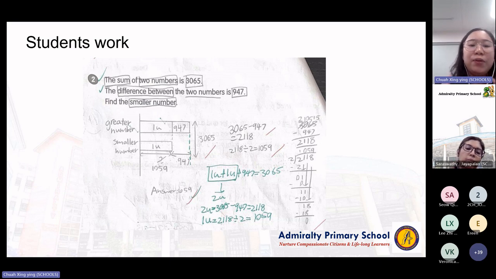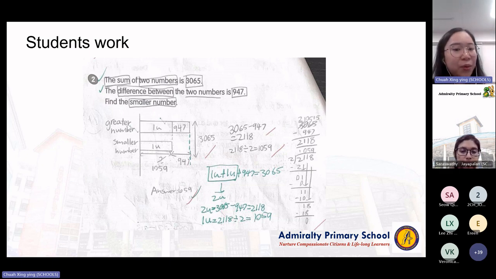That's the beauty of model drawing. In our work, we will always get our children to draw the model, present their equations, which are very, very important, and of course show their algorithm to calculate the equations and eventually the answer.